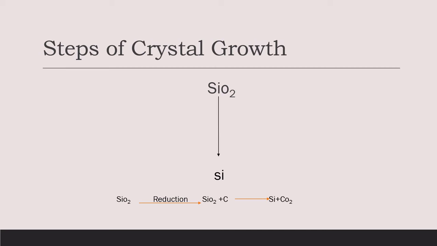So this is the most widely accepted growth of single crystal silicon. Instead of this process, there is another available reduction process named the metallothermic reduction process, but this is not commercially very successful, so that process is not applicable here.